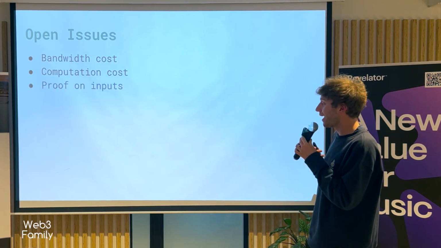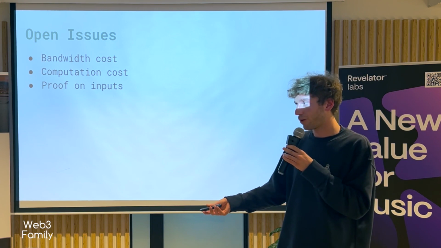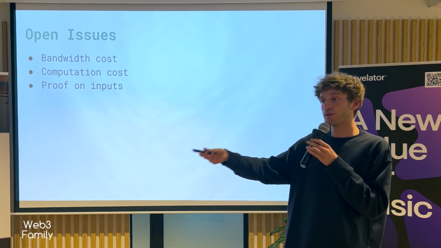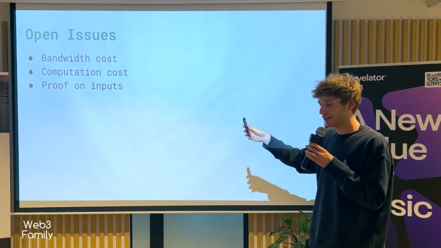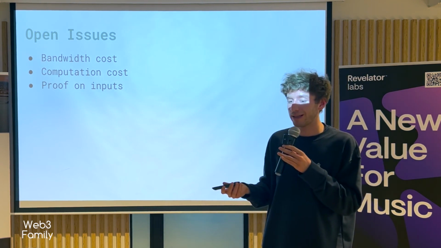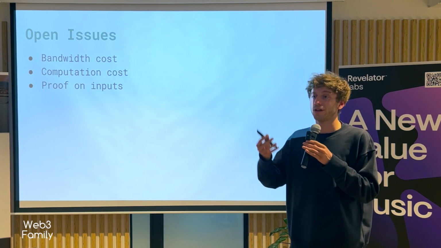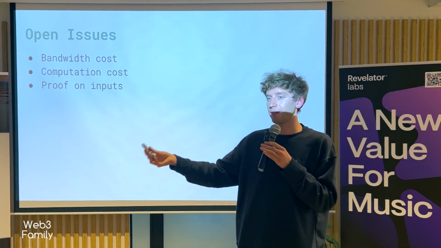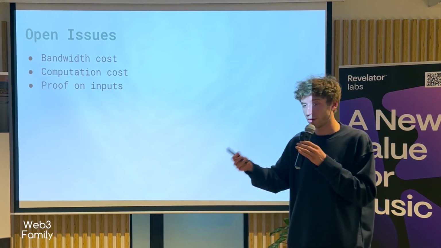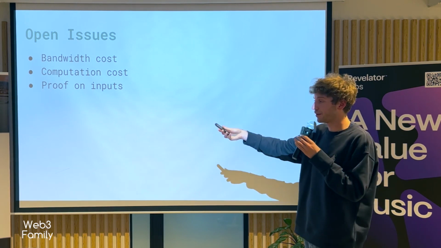So every time someone enters an input to this circuit, there's somehow a requirement to prove that this input is the actual image that the user is then going to send to his friend on the messaging app.